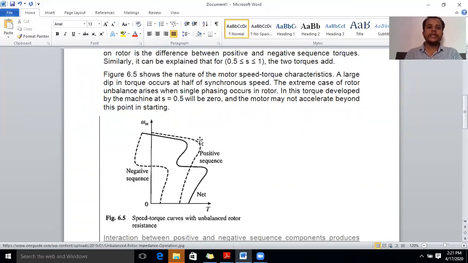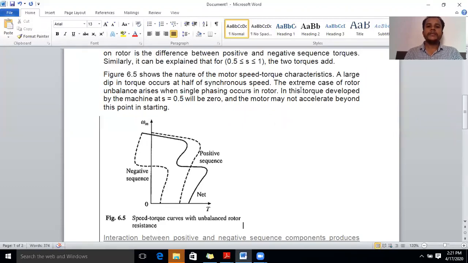A large dip in the torque occurs at half of the synchronous speed. So this is the speed of the motor, and the large dip you are seeing occurs at half synchronous speed.